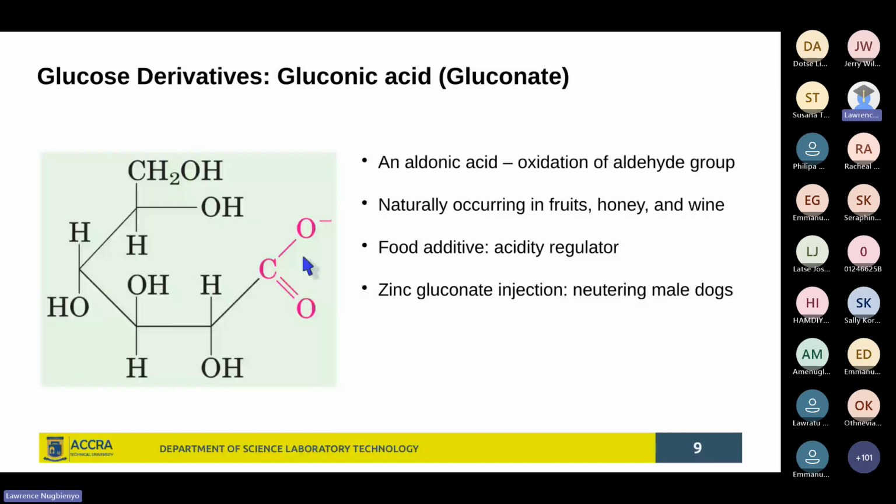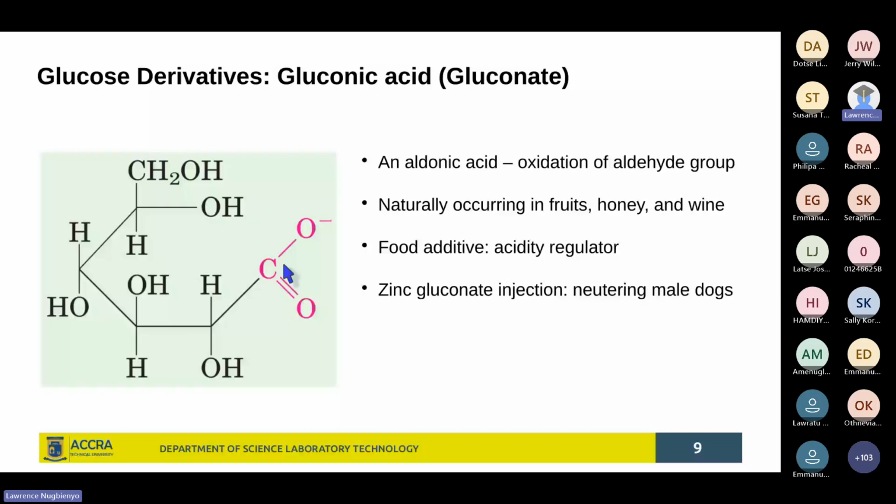So aldonic coming from aldehyde. It's the aldehyde group that was oxidized to give you that aldonic acid. This is naturally occurring in fruits, honey, wine. Of course, wine is brewed from some fruit, so you can have aldonic acid in there.